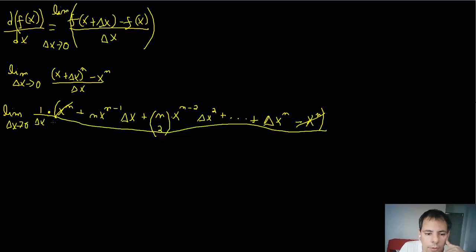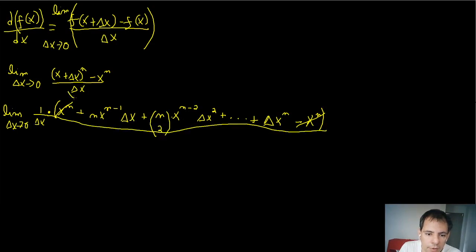And now, you see, you're going to have delta x in every term. You have it in this term, you have it in this term, you have it in all the terms. So since you have delta x in every term, you can divide now, because you couldn't divide before. Why couldn't you divide before?